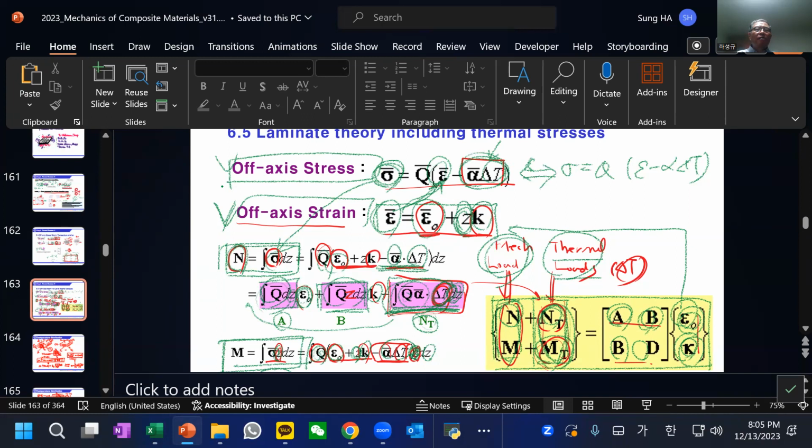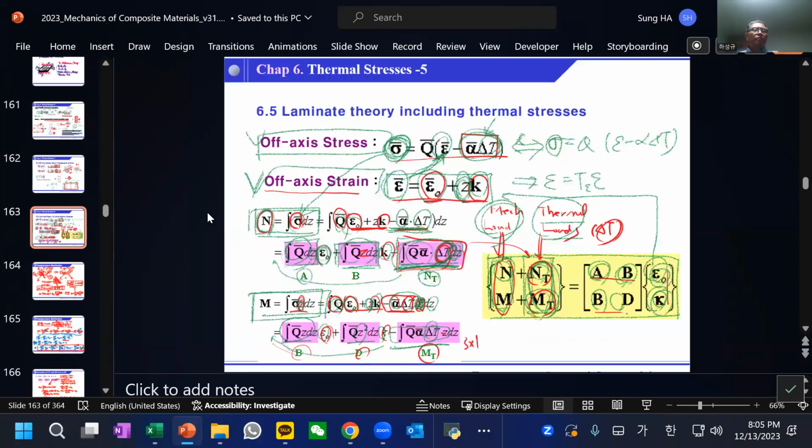We get the on-axis stress. We simply use the stress transformation, okay? Or we can just use the strain transformation, epsilon, the strain transformations. Okay, so this is all the theory we need. The rest of the procedure is pretty much the same as before.